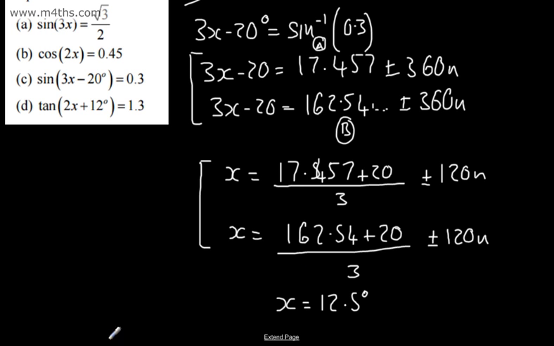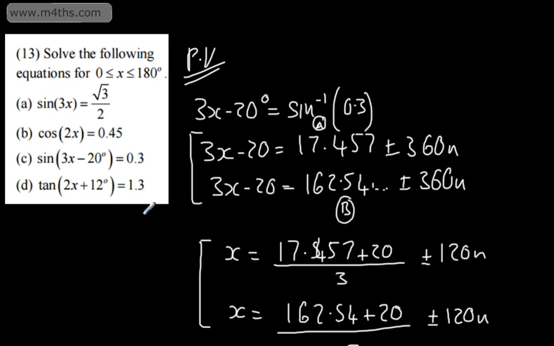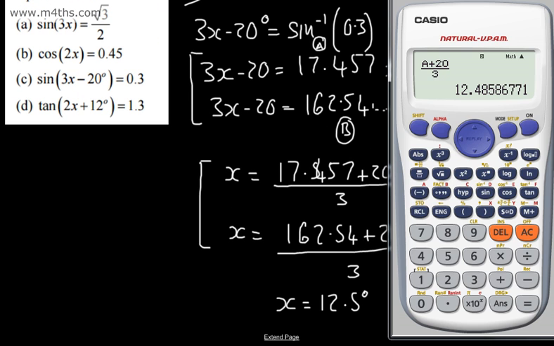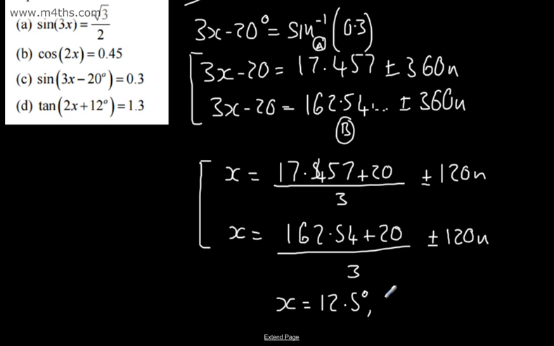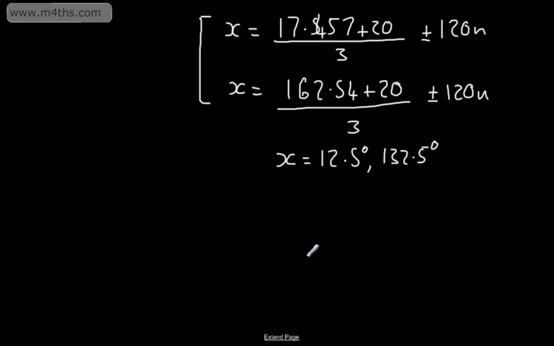Now just consider what we've got. We're interested in the interval from 0 to 180 degrees. Therefore, all I'm going to do is plus 120, and that gives me 132.5 degrees. Clearly adding another multiple will take me outside.